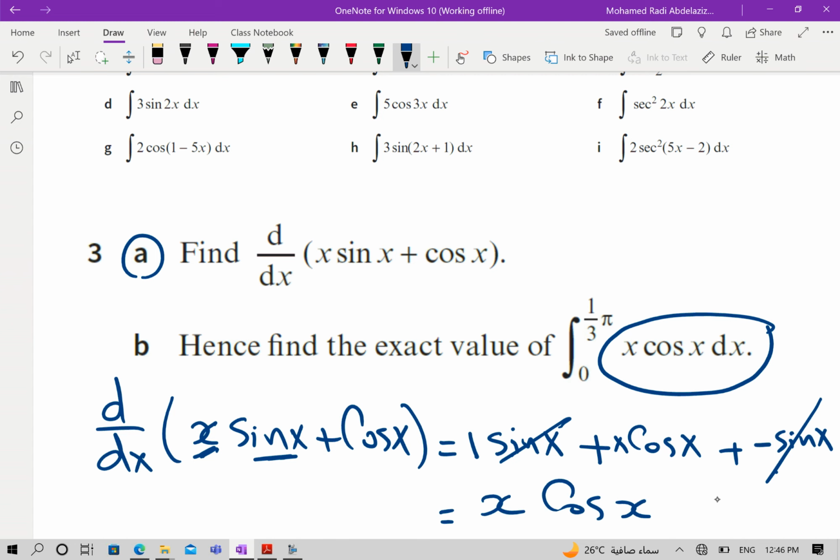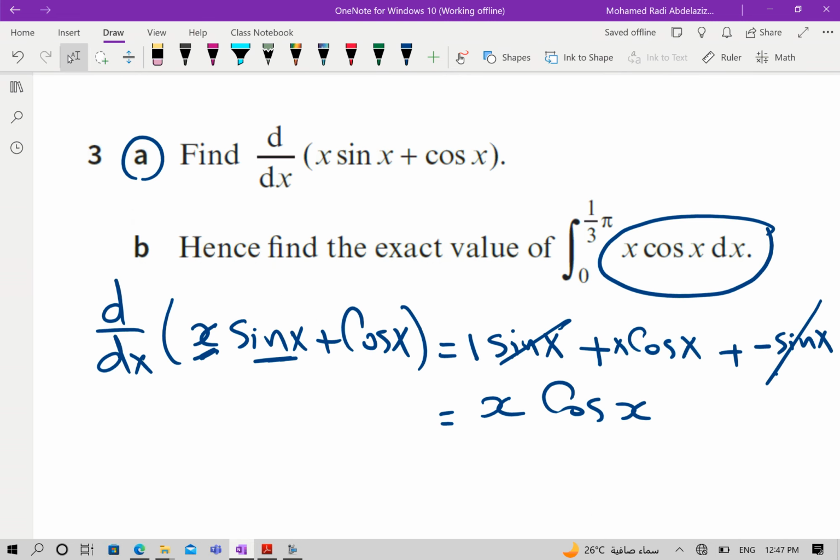Differentiation of this equals x cosine x. So the integral of x cosine x will be x sine x plus cosine x. You asked me to differentiate, and the result is x cosine x. So when I ask to integrate without any working, the result is x sine x plus cosine x. Is this clear?